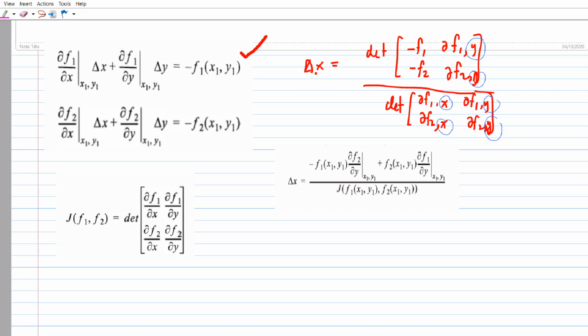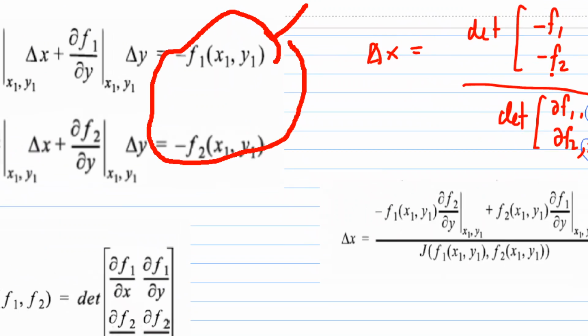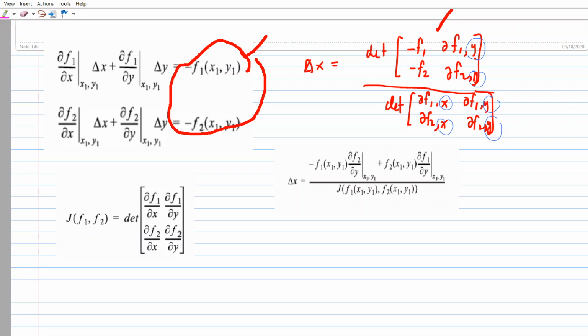In Cramer's method, delta x, the first unknown, is the determinant of negative f1, f2. We replace the first column with these coefficients, and the second column is still df1 dy, df2 dy.